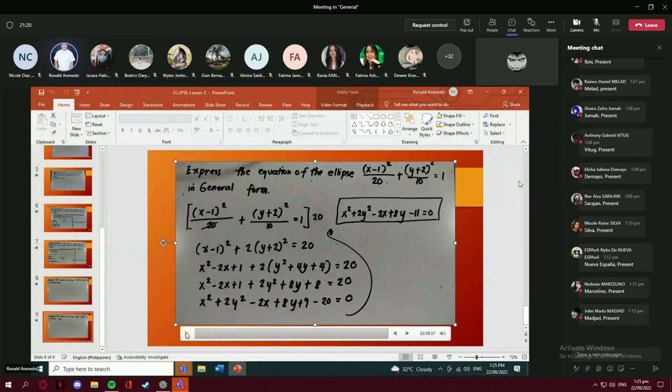So, wait for my final instruction next week kung isasama pa ba or magbibigay ba ako ng items na kailangan ng graphing. Para maka-focus kayo kung saan talaga dapat mag-focus para dun sa ating mga lesson. Eh medyo mahaba-haba ang ating from circle to ellipse. Meron pang next hyperbola next meeting.